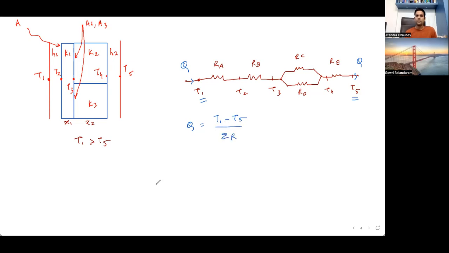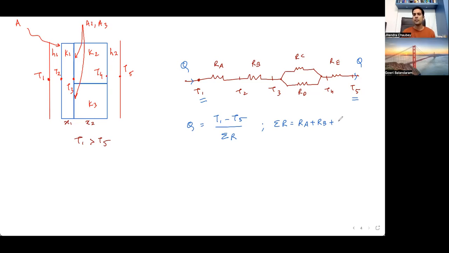Now, what would be the summation of R? Summation of R would be RA plus RB plus 1 over RC plus 1 over RD? No, that will make the equation wrong because you cannot simply put the reciprocals over here.